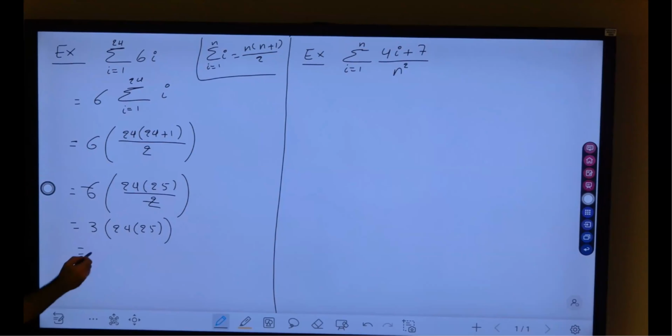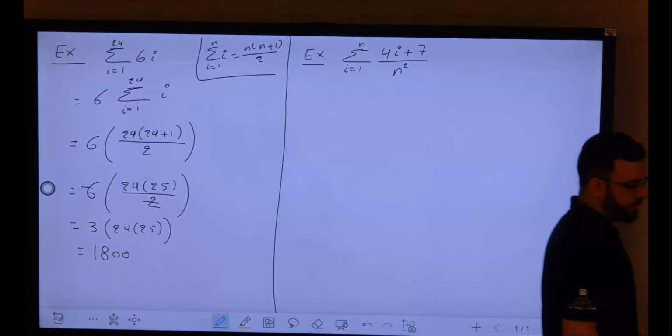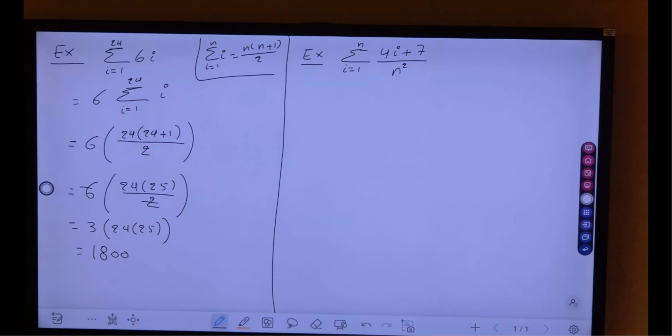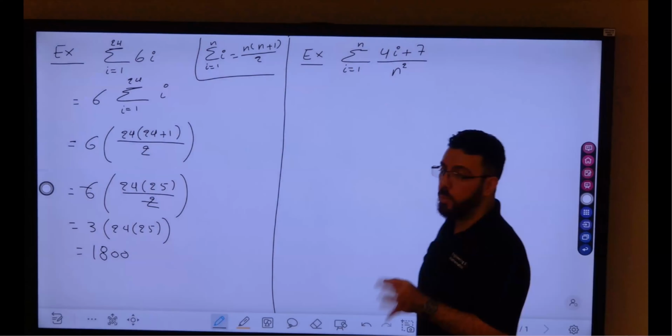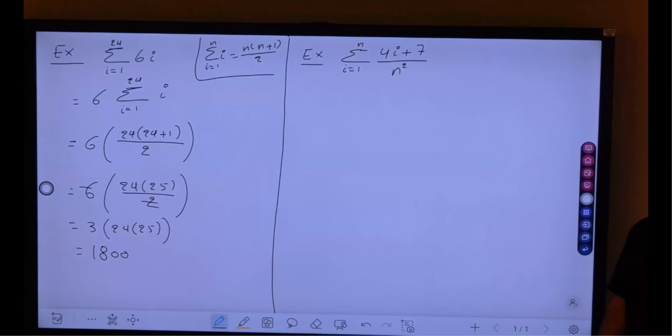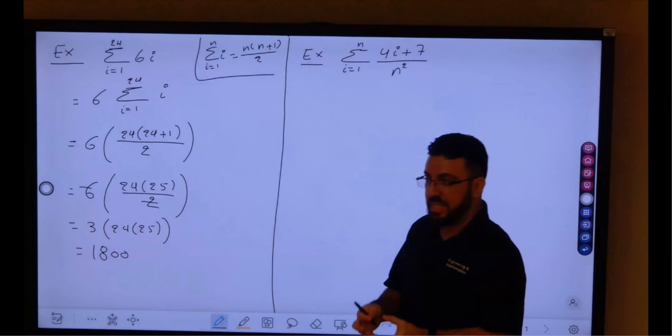So if you multiply, you got it? You're gonna tell me the first step. Always look, do you have a number you can take out to make everything easier? Like a constant number?